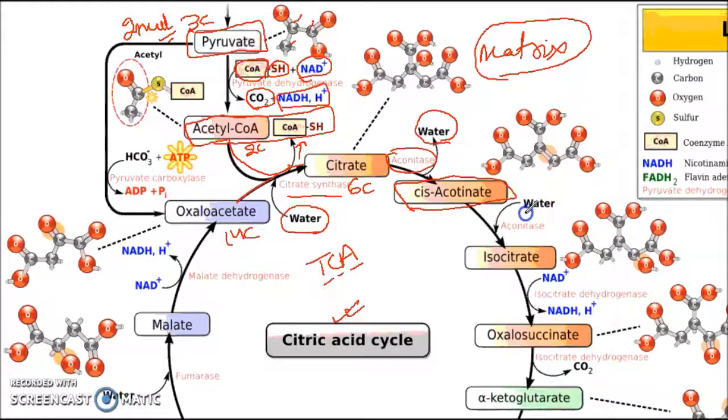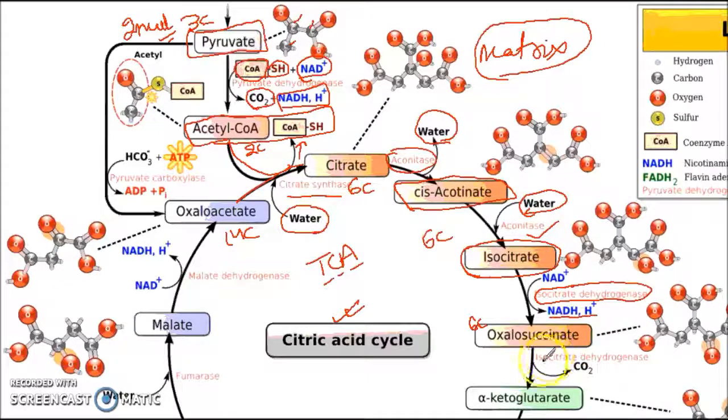Again, the water molecule is taken back in the presence of aconitase to produce isocitrate, and both are 6-carbon compounds. Isocitrate undergoes a dehydrogenase reaction with isocitrate dehydrogenase, producing NADH2 and the 6-carbon compound oxalosuccinic acid.